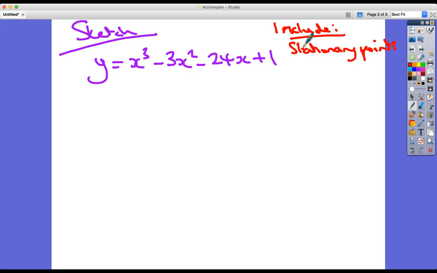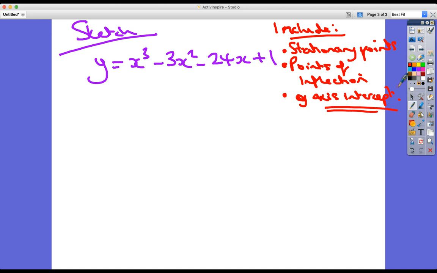Yeah, stationary points, points of inflection, and axes, y-axis intercept. Okay, so I want as much information as possible that I can get from this without using a calculator.